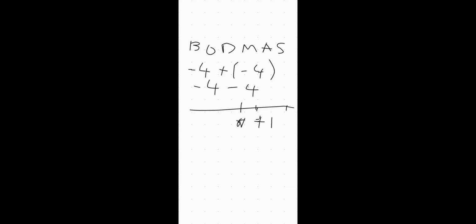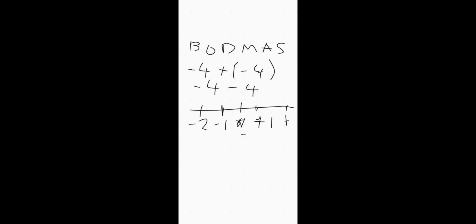After +1 you have +2. On the left-hand side, you have -1. After -1, you have -2, and so on and so forth, right? Anytime you are subtracting anything, you are moving towards the left-hand side.